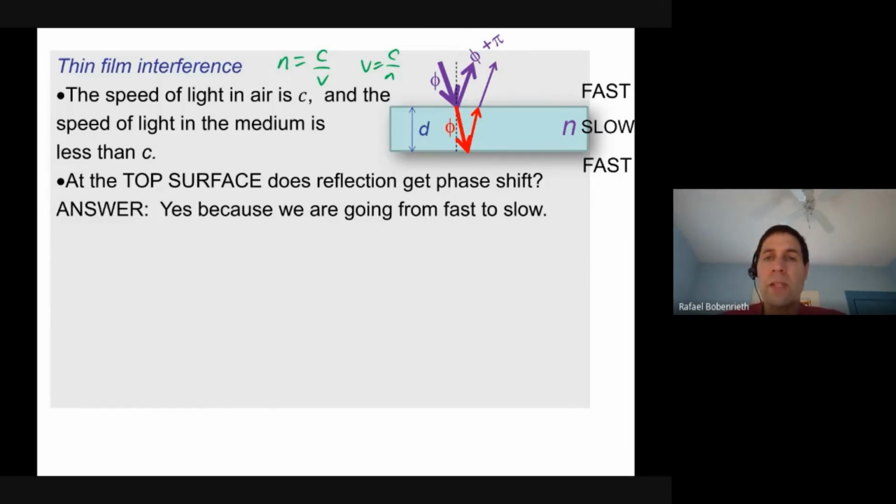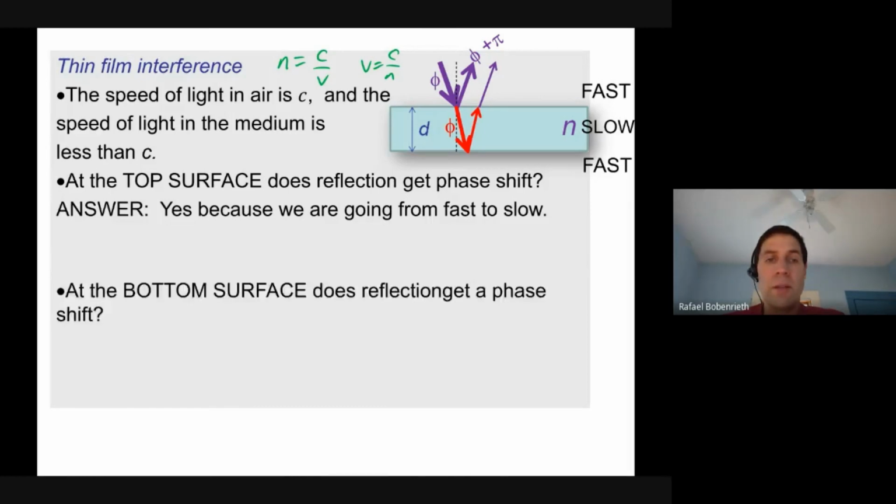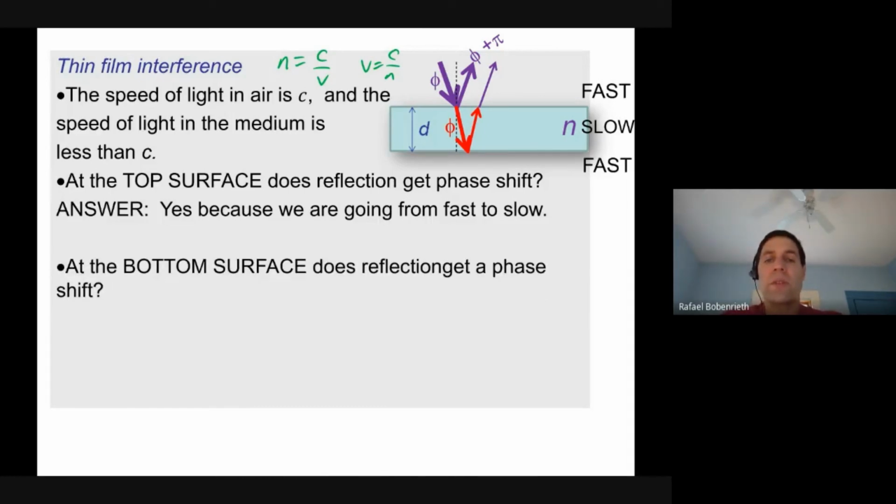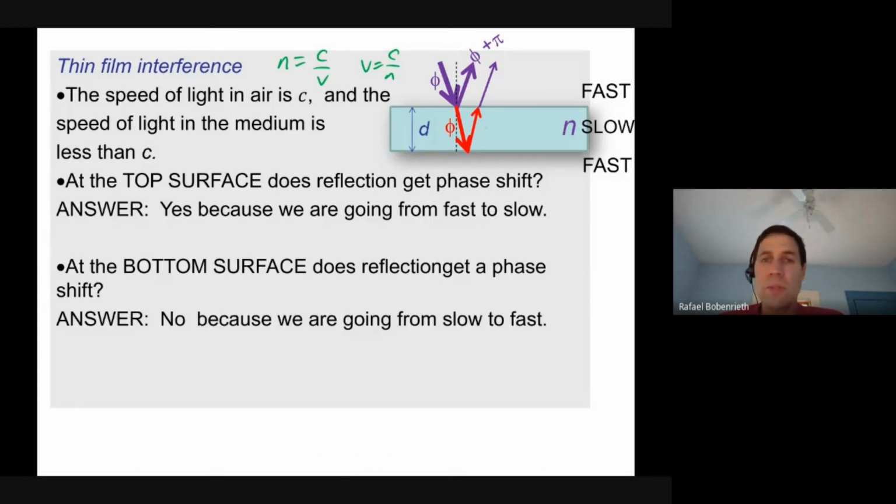What about the transmitted wave? The transmitted wave, remember again, does not get any sort of phase shift, so it just keeps that original phase of phi. What about at the bottom surface? Does the reflection get a phase shift? Well, it's going from slow to fast. No, so basically the reflected wave does not get a phase shift. So notice that is phi as well. And so then what happens at the upper surface?